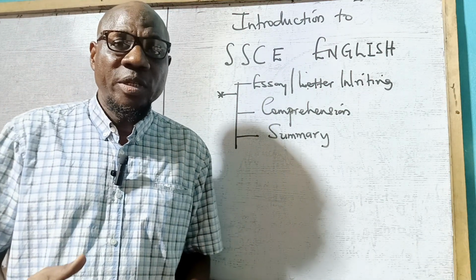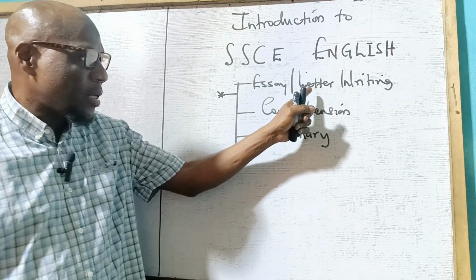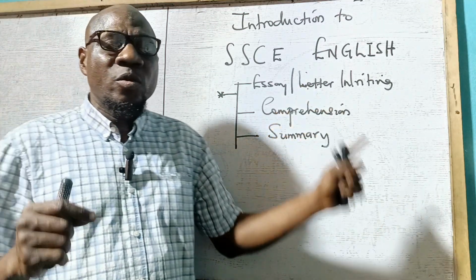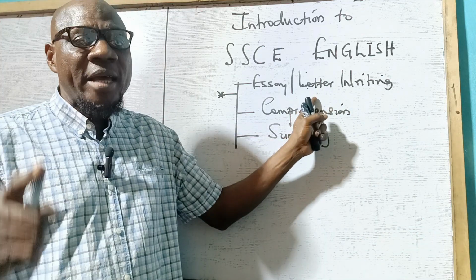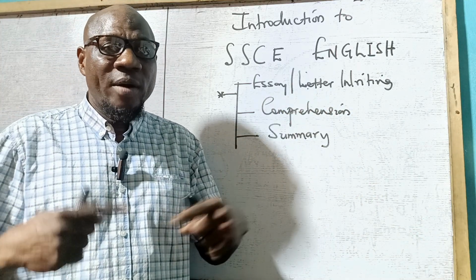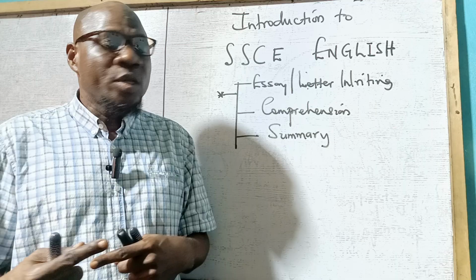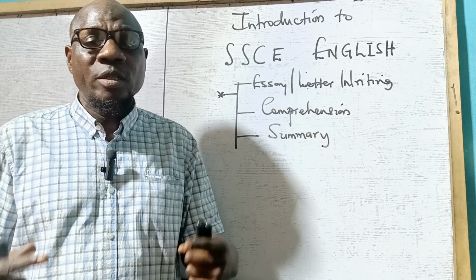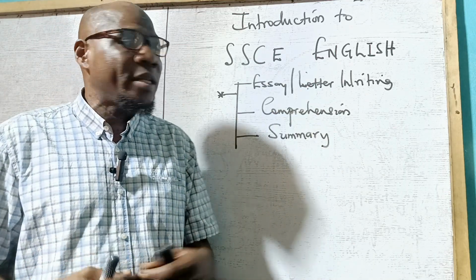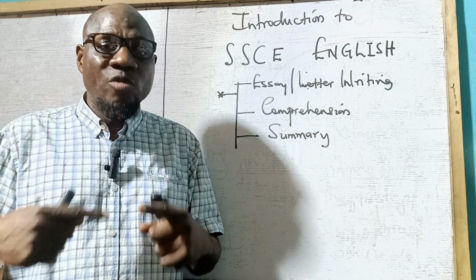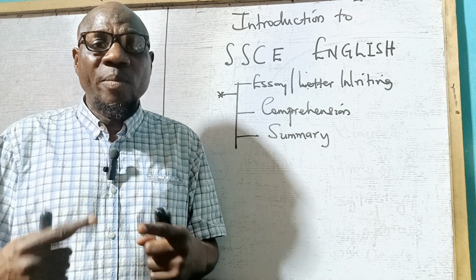In preparation for the exam, you need to know that you'll be given 5 to 6 questions on essay or letter writing, and you have to choose one. In an attempt to choose one, you have to be consistent when you are practicing.